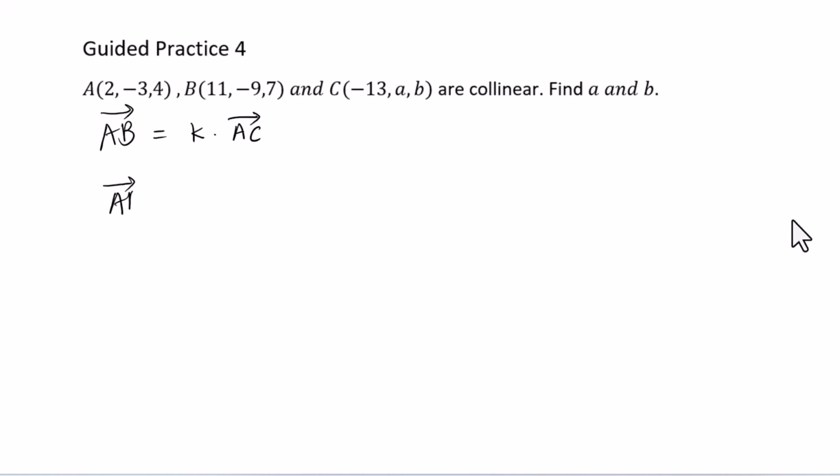Vector AB, we will use coordinates to figure out this vector. Remember, easy, ending minus starting.